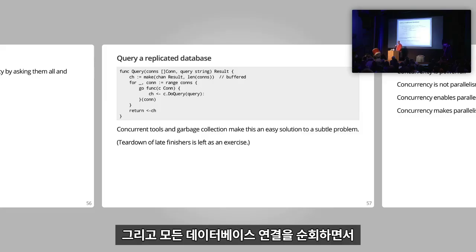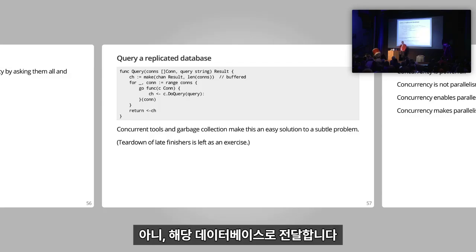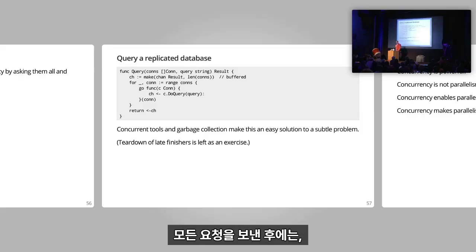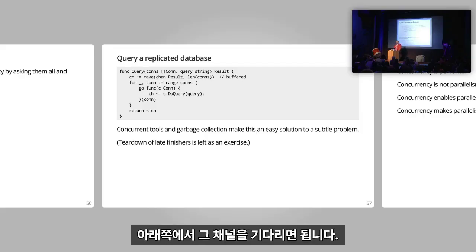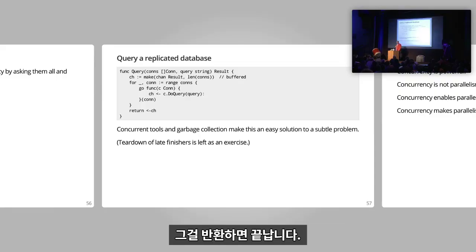And then you just run over all of the connections to the databases, and for each one of them, you start a goroutine to deliver the query to that database, and then get the answer back by this DoQuery call, and then deliver the answer to the single channel that's holding the result for all of these guys. And then after you've launched them all, you just wait on the bottom line there, and the first guy that comes back on that channel is the answer you want. You return it, and you're done.